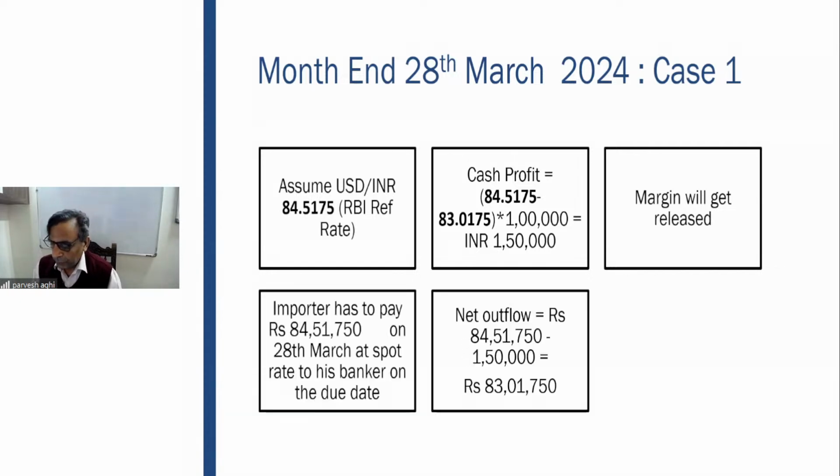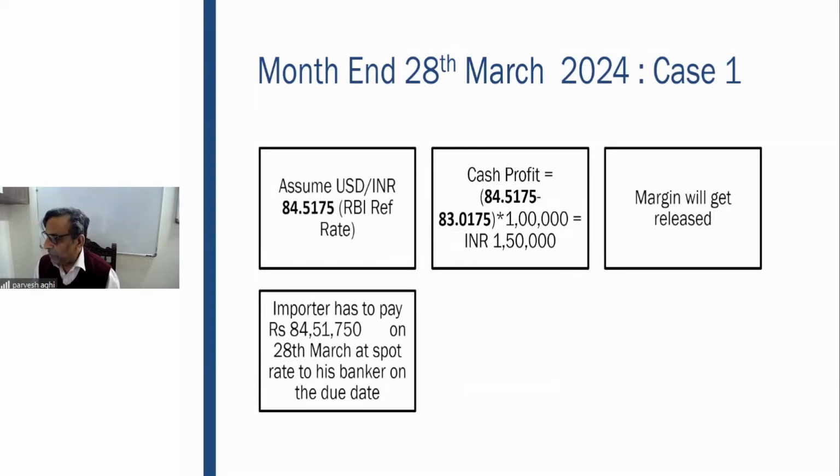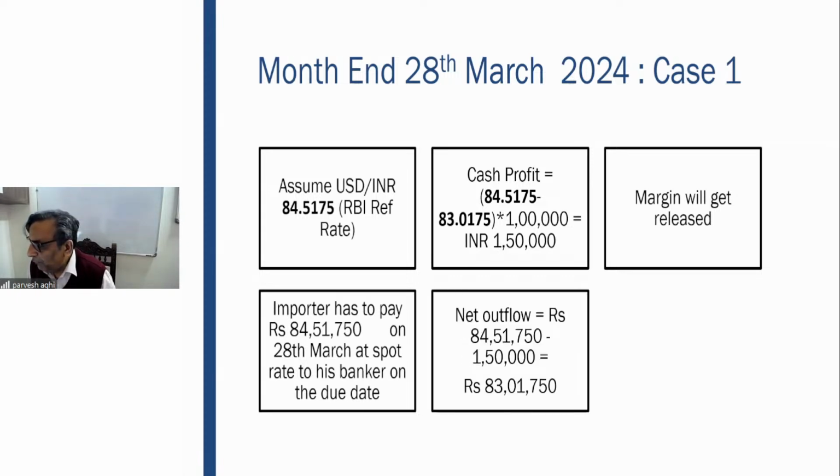Now, what happens? I've got a cash profit of 1,50,000. Now the importer has to pay 84,51,750 on 28th March at the spot rate to his banker on the due date. My underlying transaction was that I have to pay for $1 lakh.